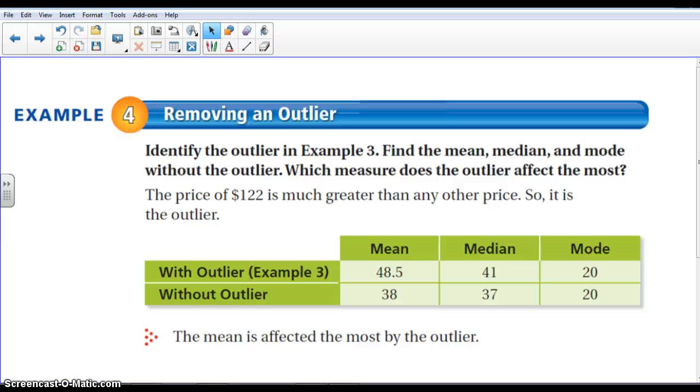If you look at their example, they put mean, median, and mode in their chart, with outlier and without outlier, and they gave you the numbers to put in, which you had already figured out half of them. And if you look at the information, the mean is affected the most by the outlier because of the difference in numbers. Simple enough.